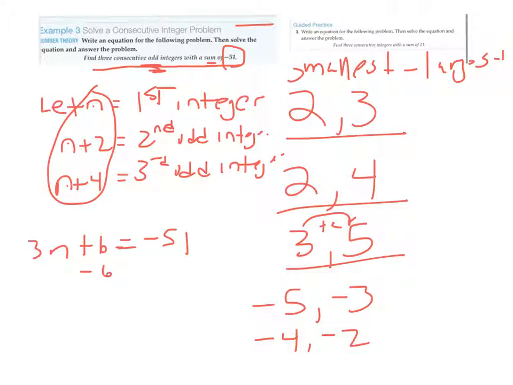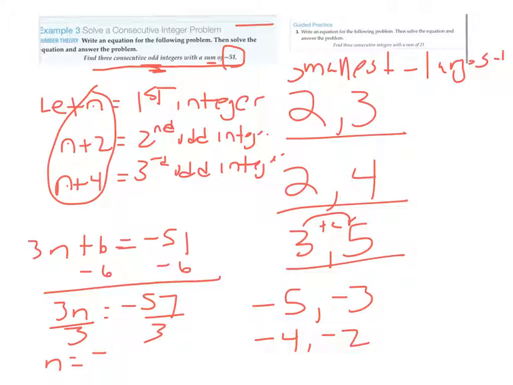So I'm going to subtract my 6 first, because we always do adding and subtracting first if there's no division. When I subtract, I get a negative 57. When I divide by 3, I get n equals a negative 19.